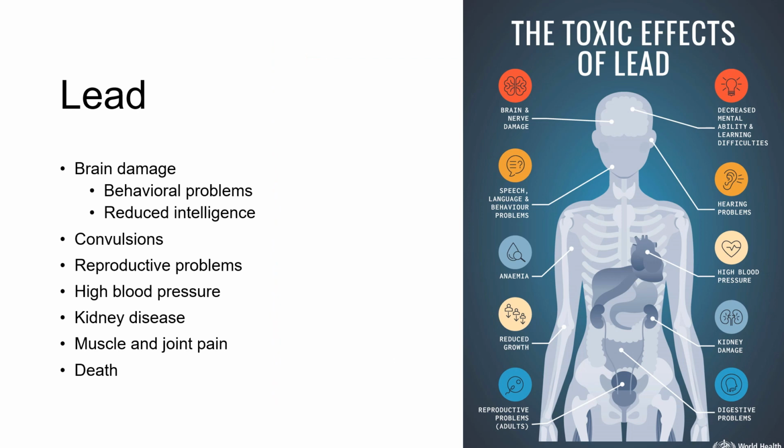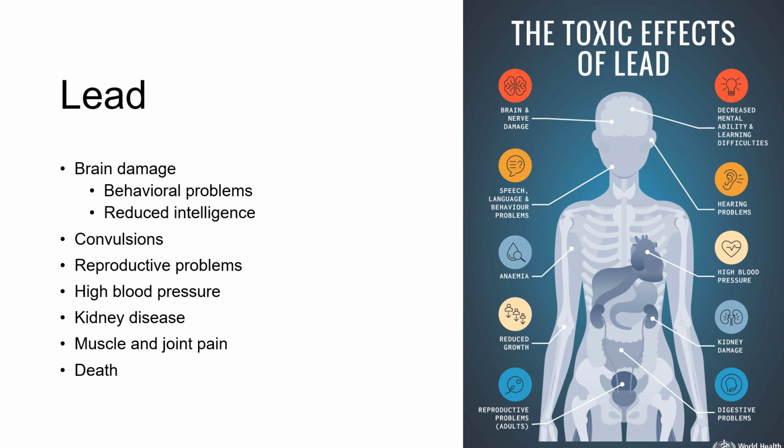Lead exposure can cause irreversible brain damage, convulsions, and death, particularly in children who are exposed. If lead poisoning goes undetected in these children, it can also cause behavioral problems, reduced intelligence, anemia, and liver and kidney damage.